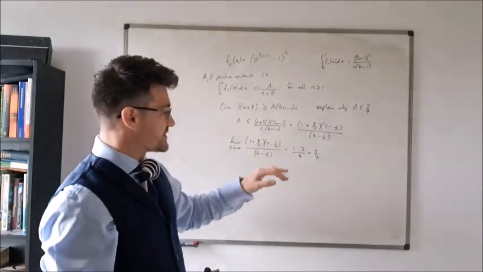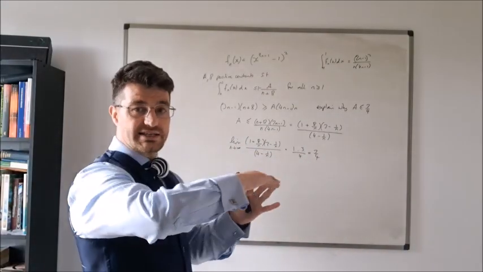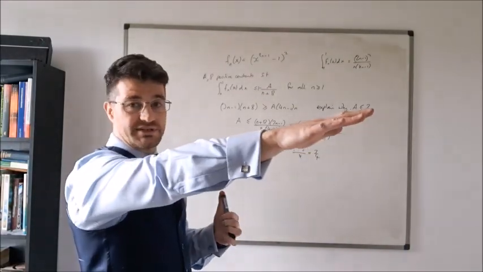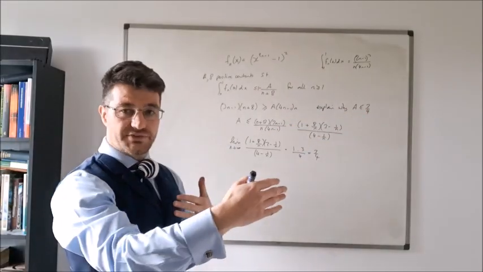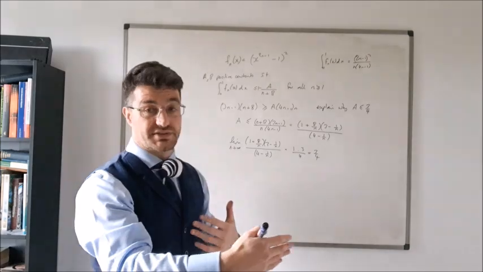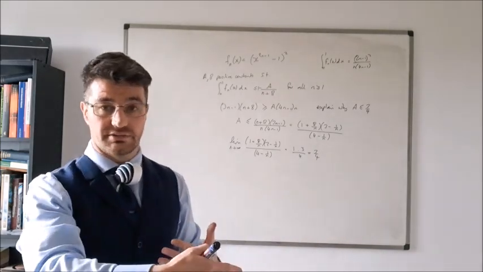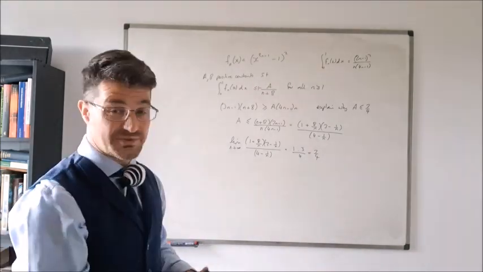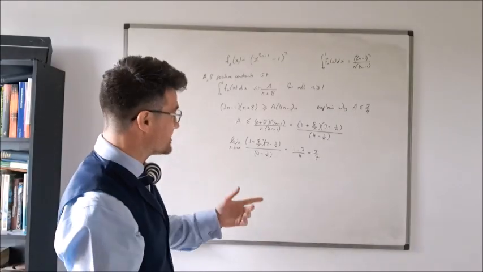My concern was that tells me about what happens right out there as we're going out to infinity. But what about the first few terms? When I say the first few, I'm talking about any finite number. It could be quite a large number. We could be talking about the first 10 billion terms of the sequence.